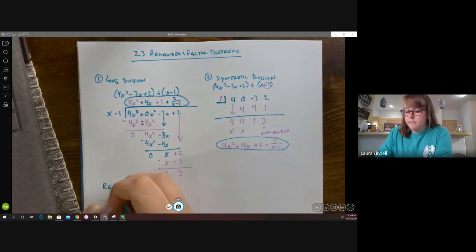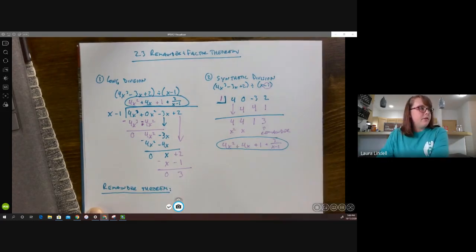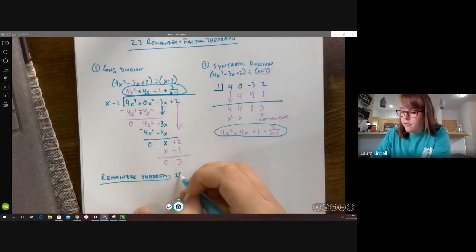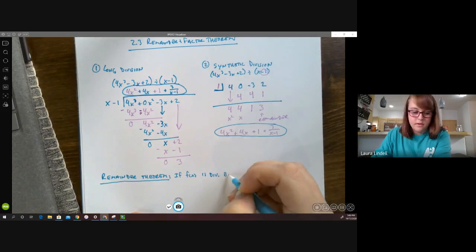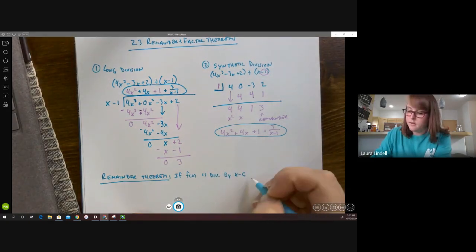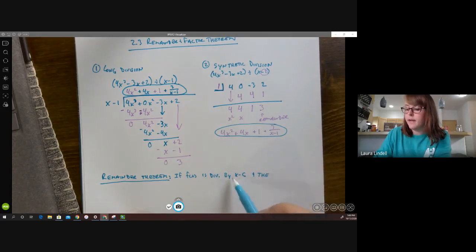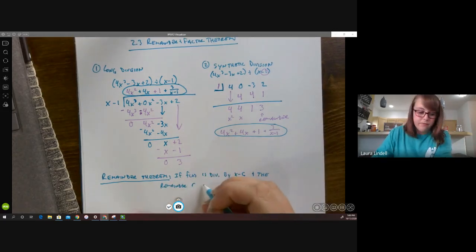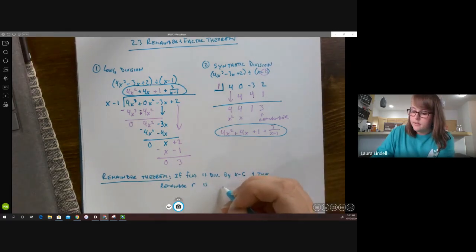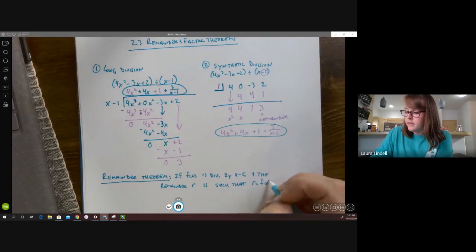So first of all, the remainder theorem. Okay, so the remainder theorem says if f of x is being divided by x minus c, and the remainder is such that r equals f of c.